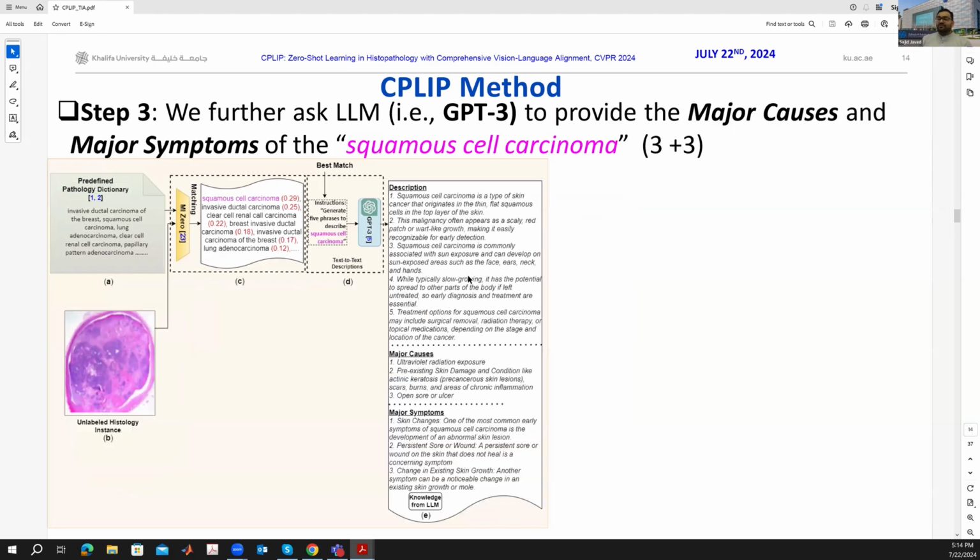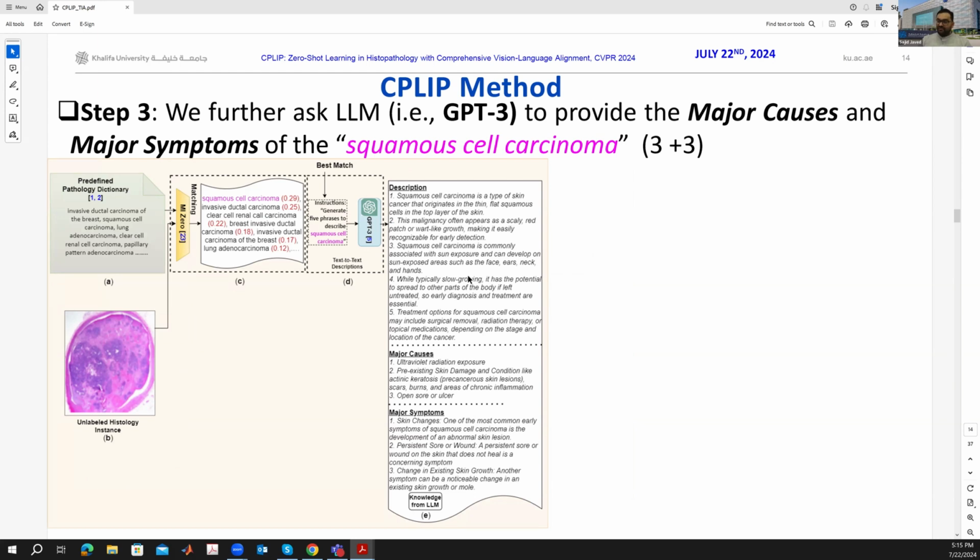We further asked the large language model to provide some major causes and also the major symptoms for the best match word, squamous cell carcinoma. Here is the result pulled out by GPT-3. One of the major causes of squamous cell carcinoma is ultraviolet radiation exposure, pre-existing skin damage, and conditions like actinic keratosis. A couple of major symptoms are skin changes.